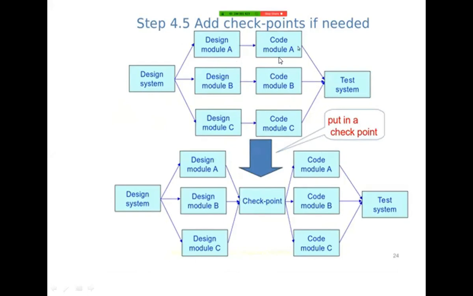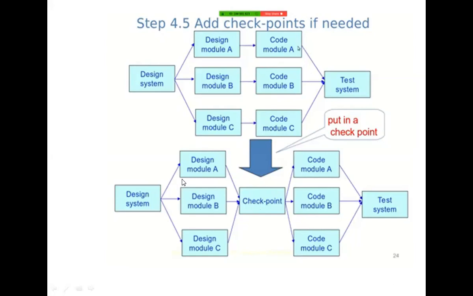Then after coding, we have to test the systems. So in between design and code, we have to insert the checkpoint. Why do we have to insert the checkpoint? What is a checkpoint? A checkpoint is nothing but one activity shifting to the other activity.